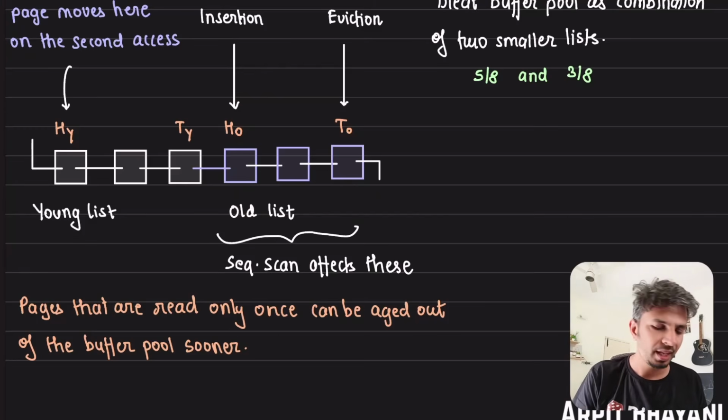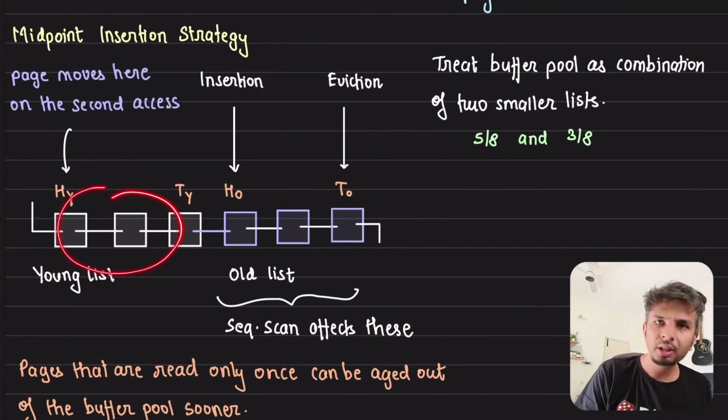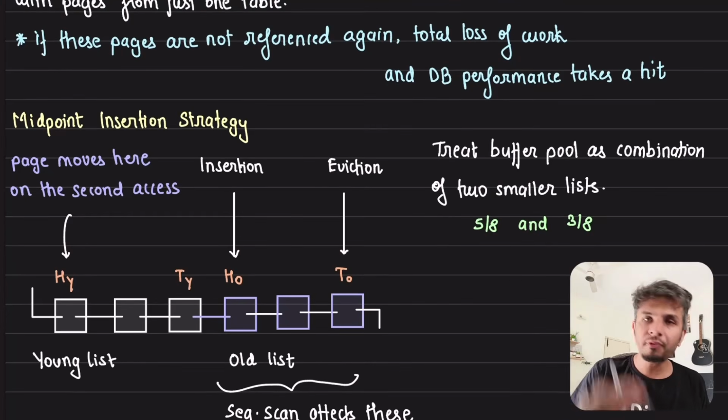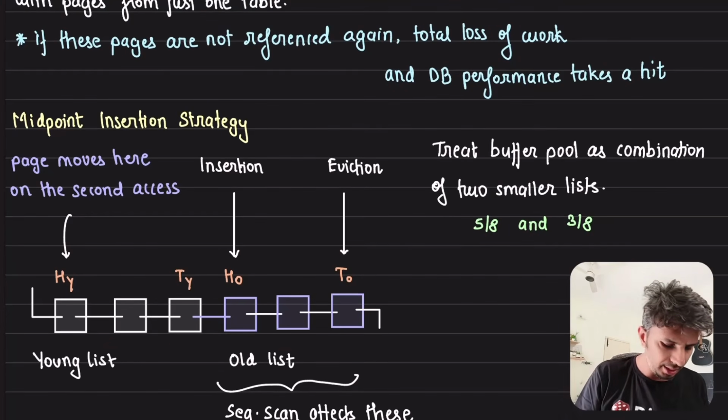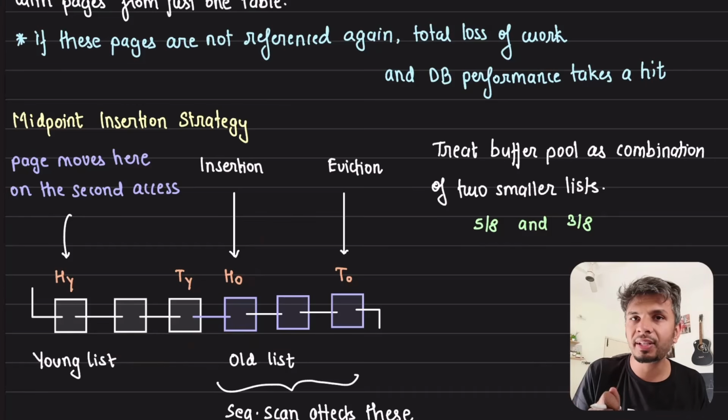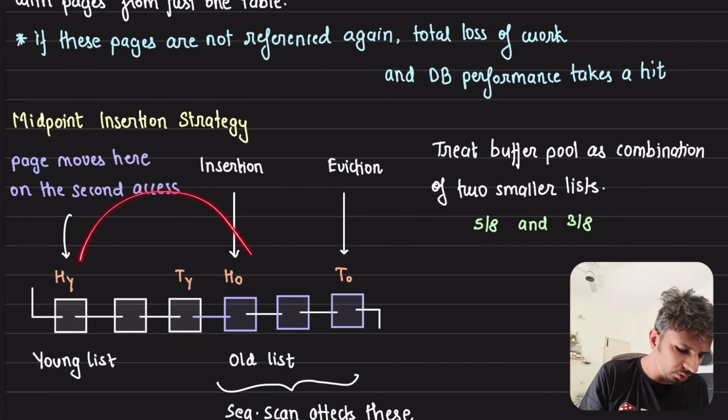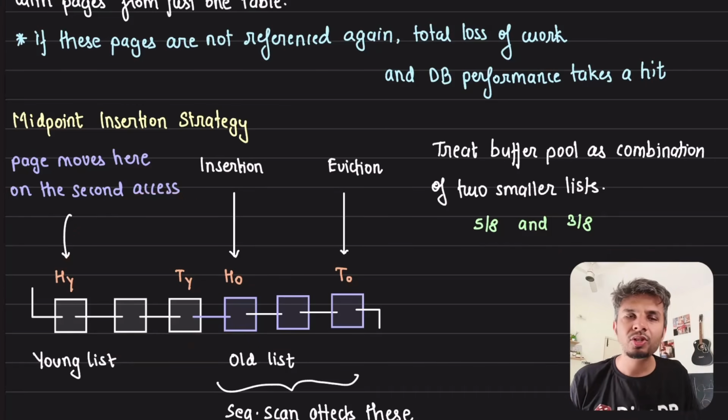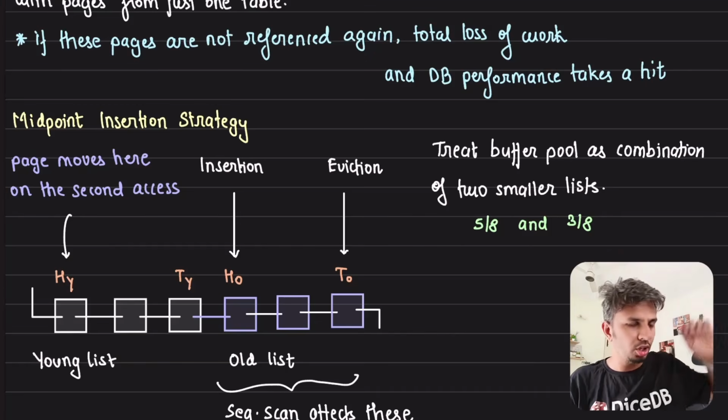That's a good thing. But what's the role of the young list then? If your page is in the doubly linked list, in the old part, and it is referenced again, then it moves to the head of the young list. So it means it takes longer to be evicted.